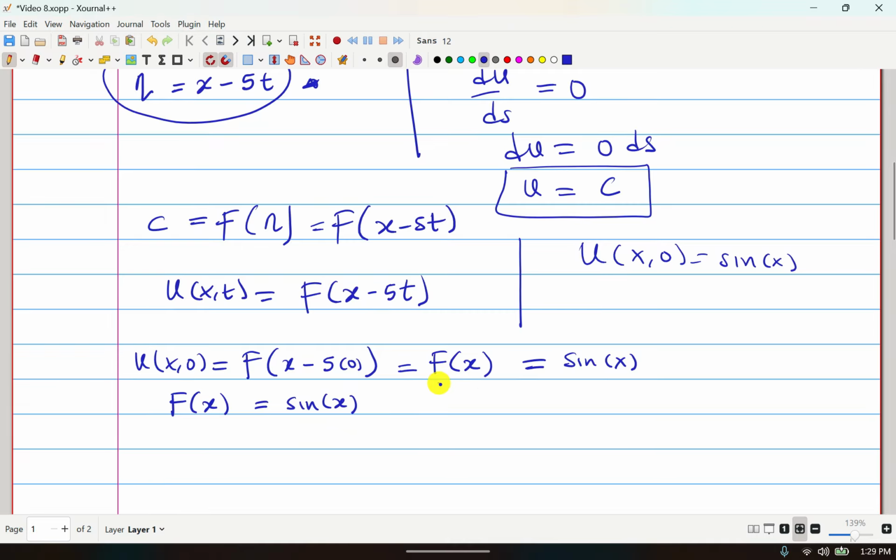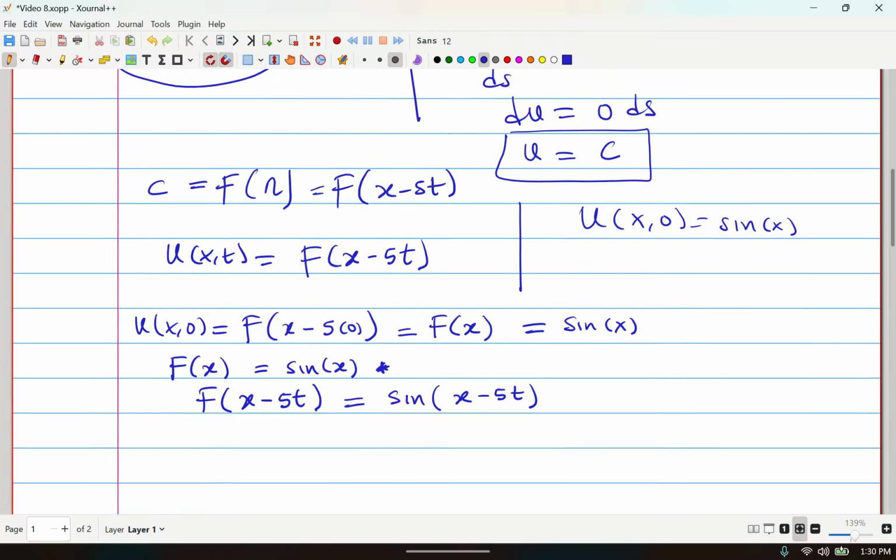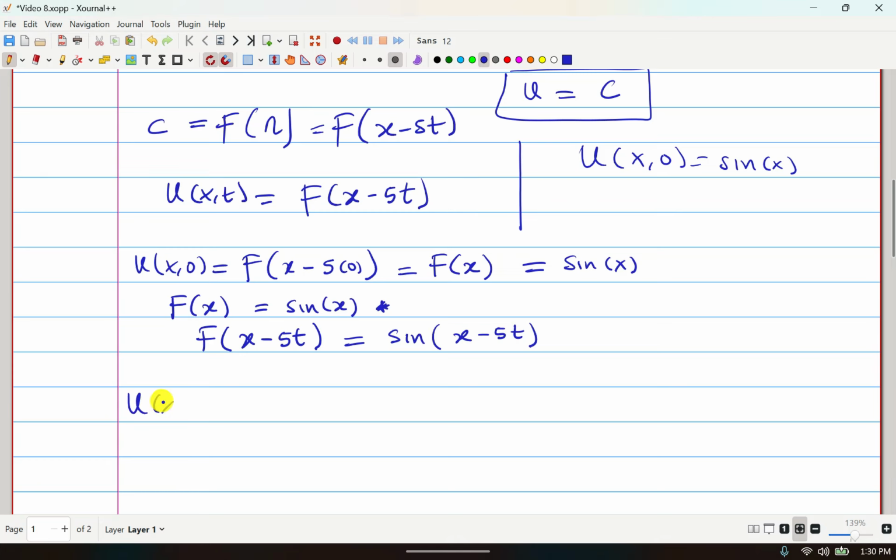So f of x minus 5t, using the relation that f of anything is equal to sine of the same thing, should be sine of x minus 5t. So our solution u of x, t is equal to f of x minus 5t, which is sine of x minus 5t. And that is the solution to this problem.